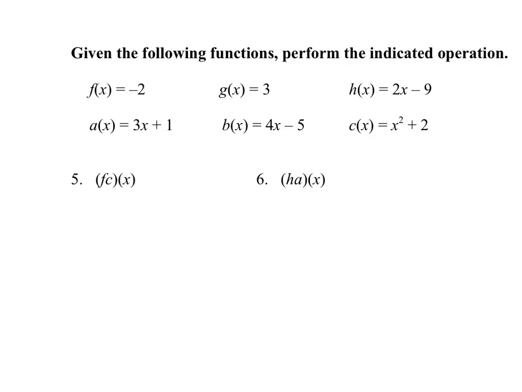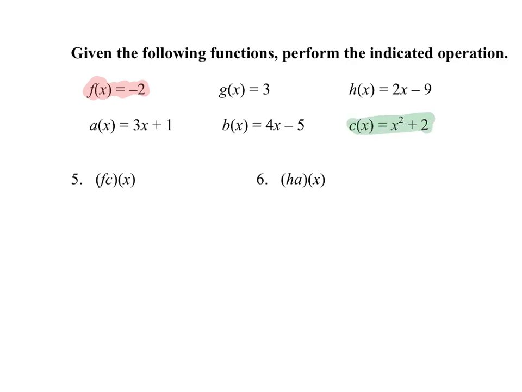All right, same functions, and now looking at some multiplication ideas. So again, this idea of when we just put these two letters next to each other, we are implying that they are multiplying each other. So this really says that we're going to be taking f, which is just negative 2, and then c, which is x squared plus 2, and we're going to be multiplying those two functions.